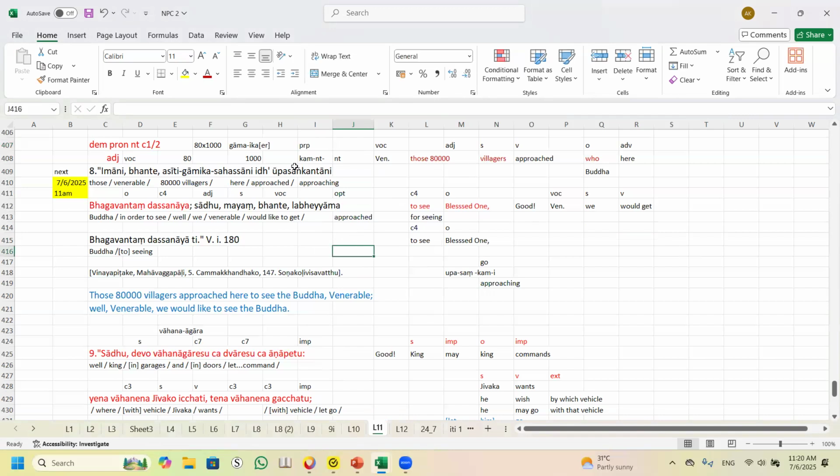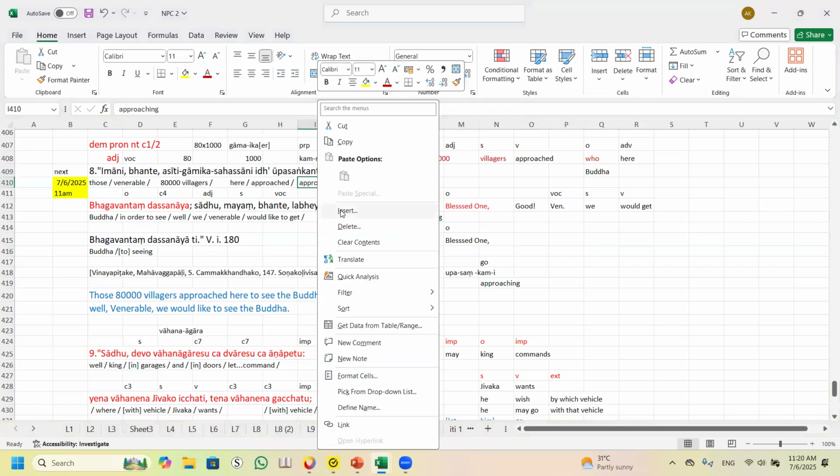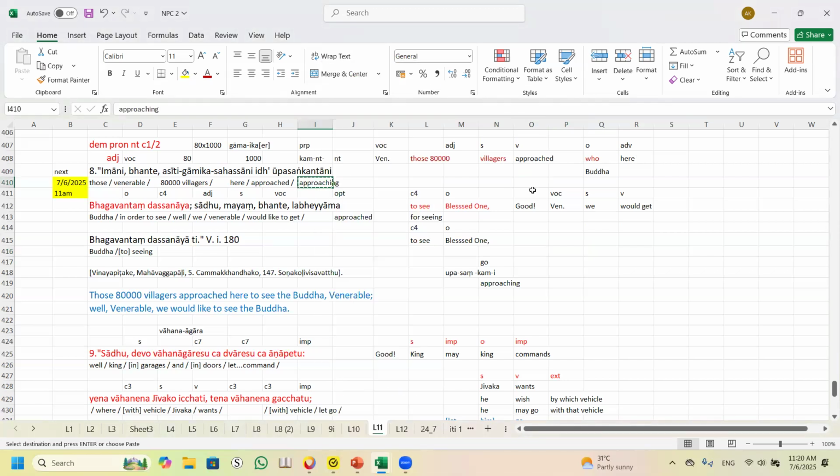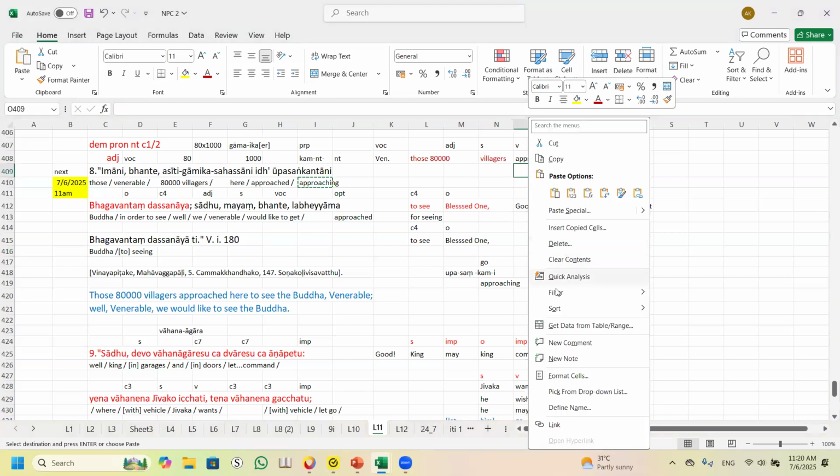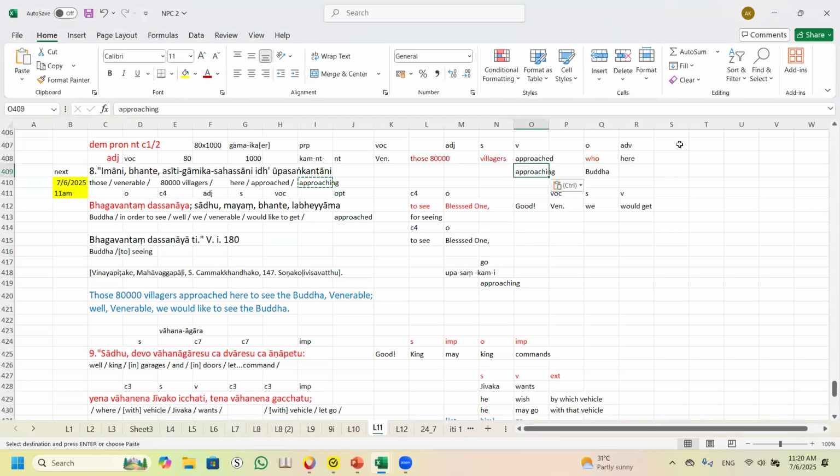So here, if you see, where is it? Here, can you see? So that means approaching here.